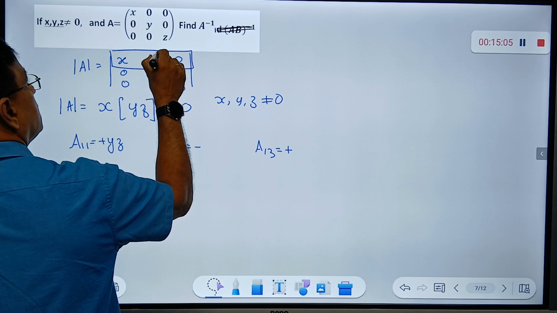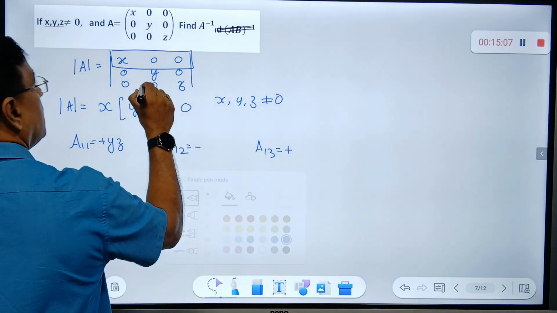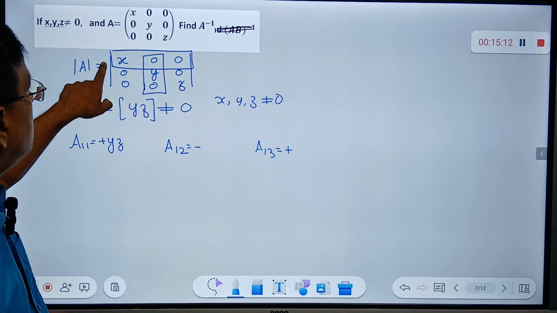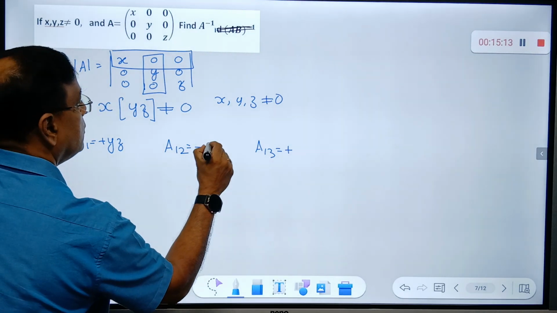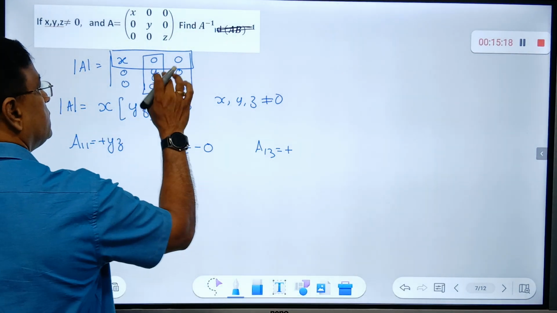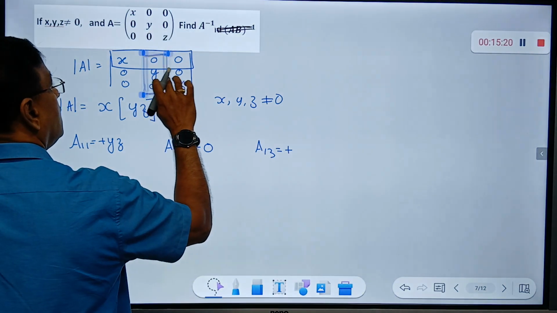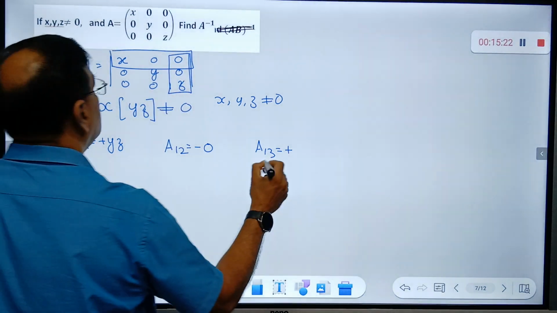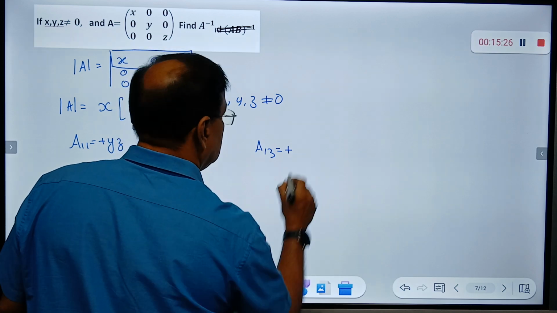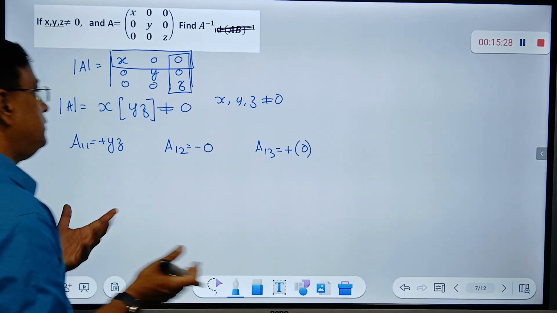What do you get? 0. 0 and 0. Now go to the next element. This is also 0 and 0. So this is easy compared to the previous problem.